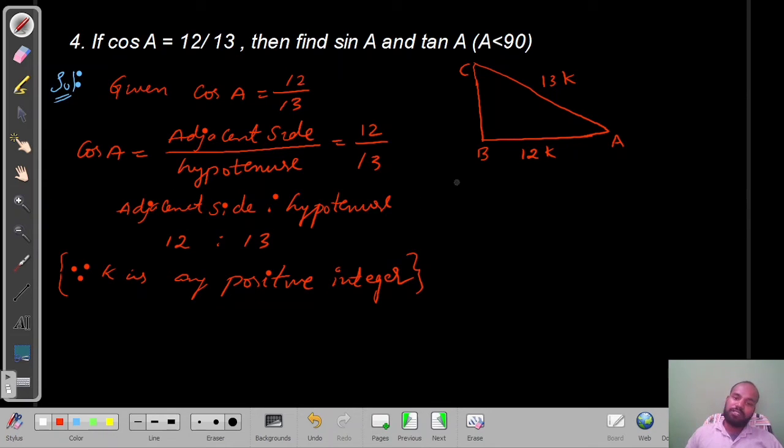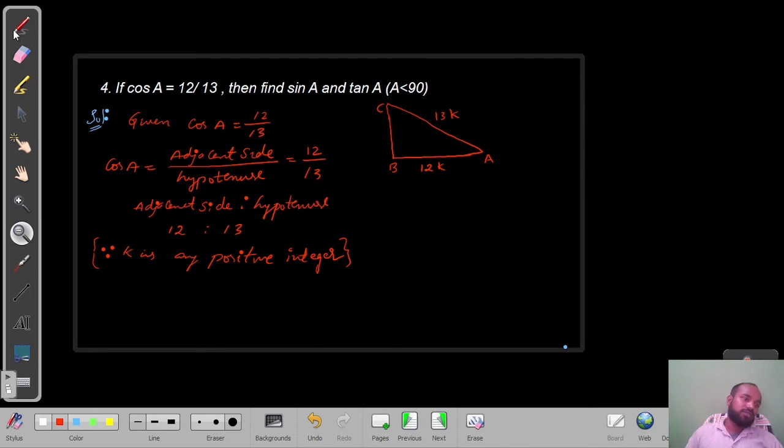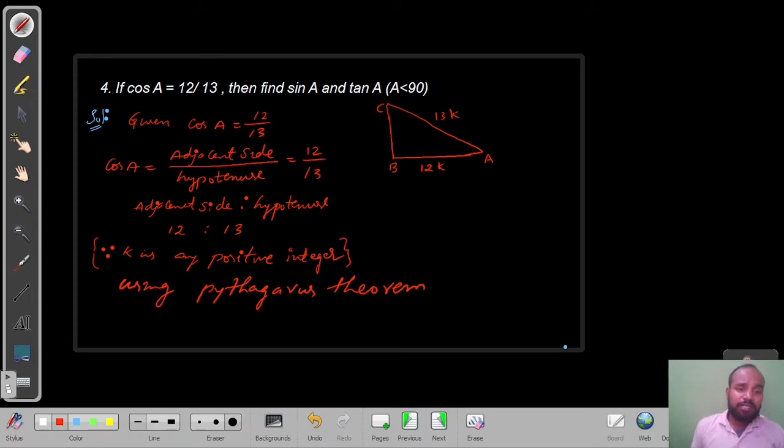So to use the Pythagoras theorem, I'm making it a little smaller. So using the Pythagoras theorem, what will we get?